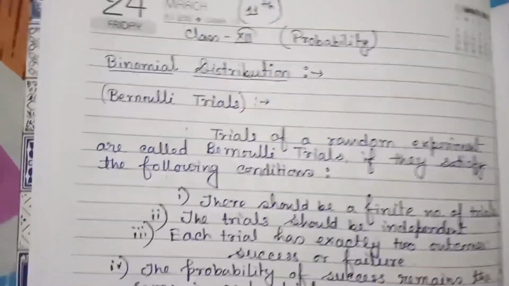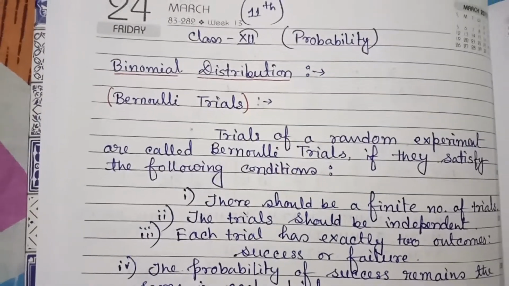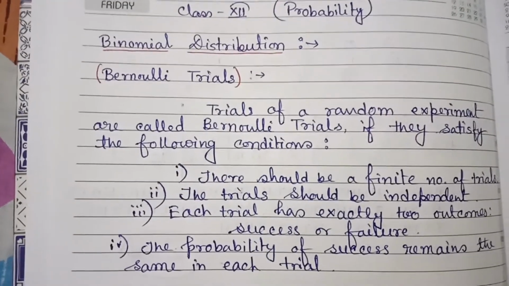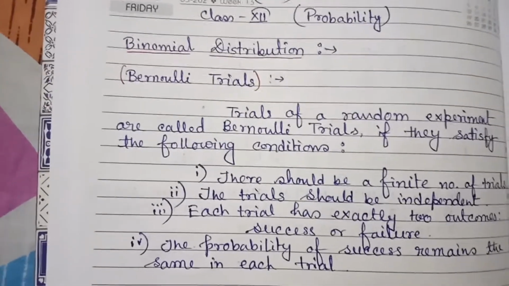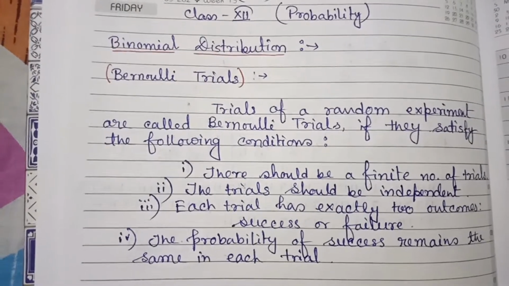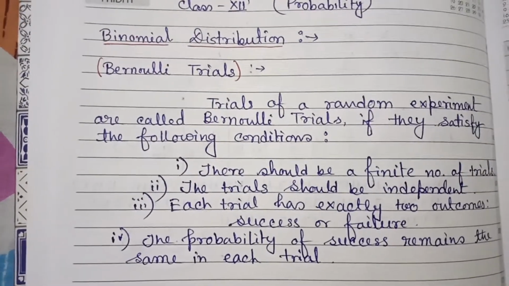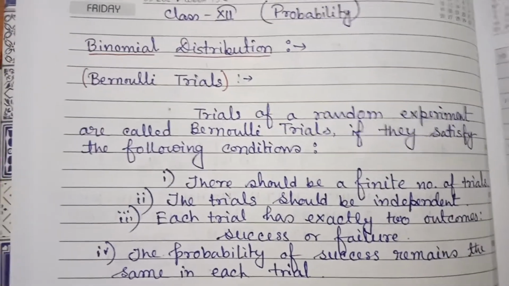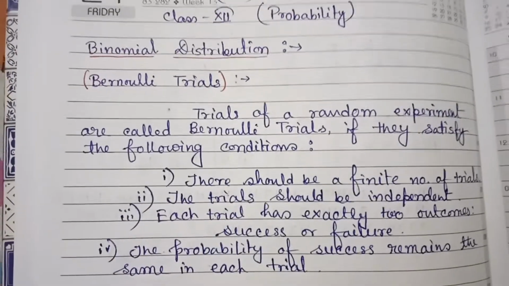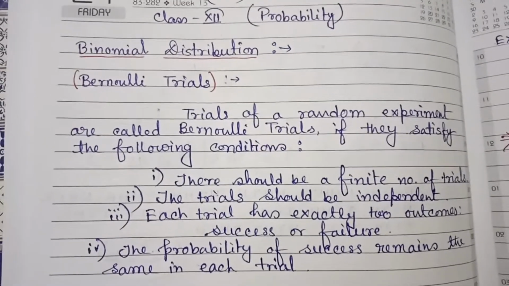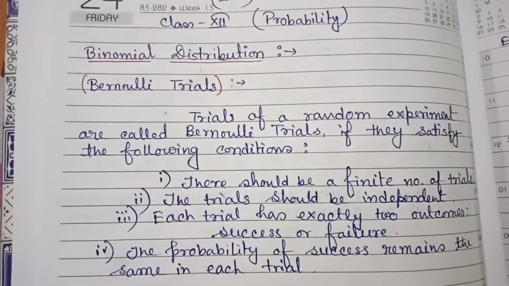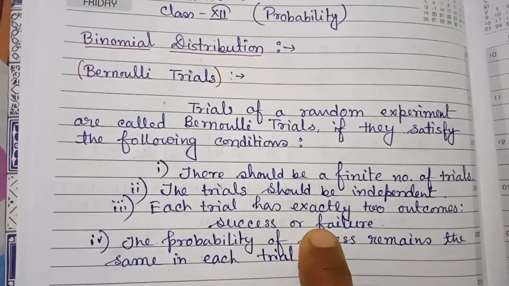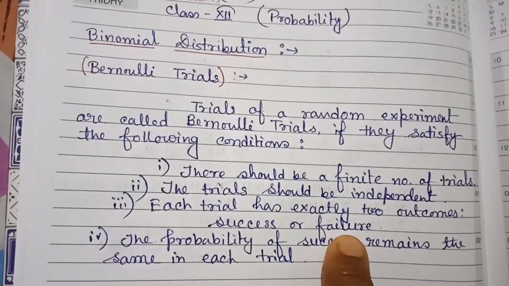Now we can take an event which will be called success, suppose getting an even number. Then getting an odd number will obviously be failure. The probabilities of success and failure will always cover the whole, that means 1. So probability of success plus probability of failure will be 1.